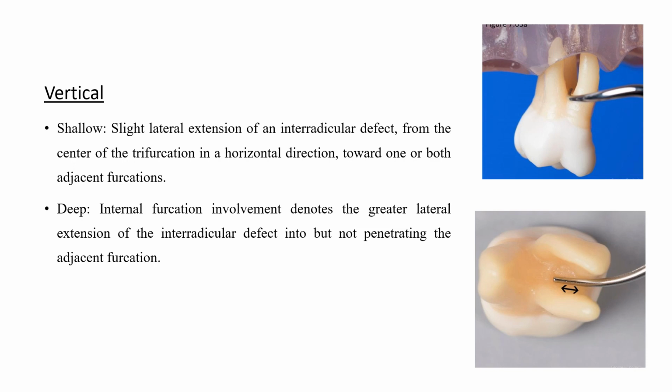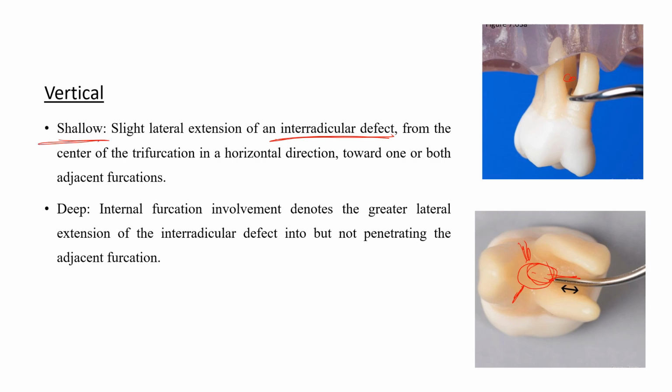Now first of all, you understand what an interradicular defect is. Interradicular defect means the bone loss takes place between the roots, somewhere here between the roots. Now if the bone loss between the roots extends horizontally like this, slightly, then it is considered as shallow.